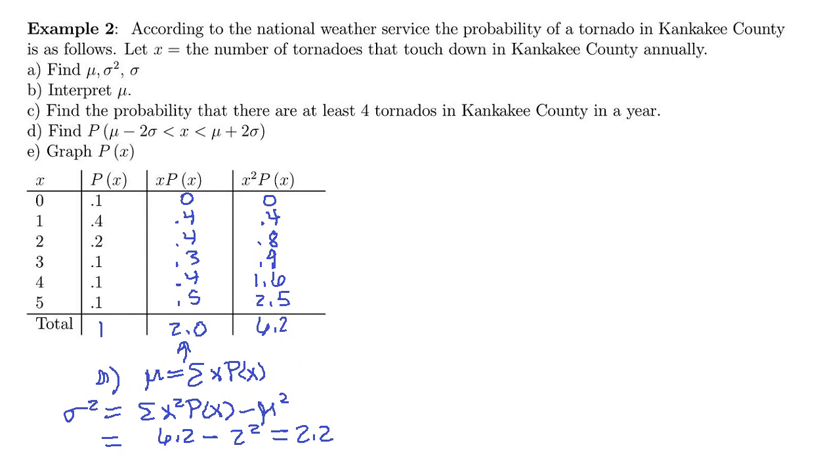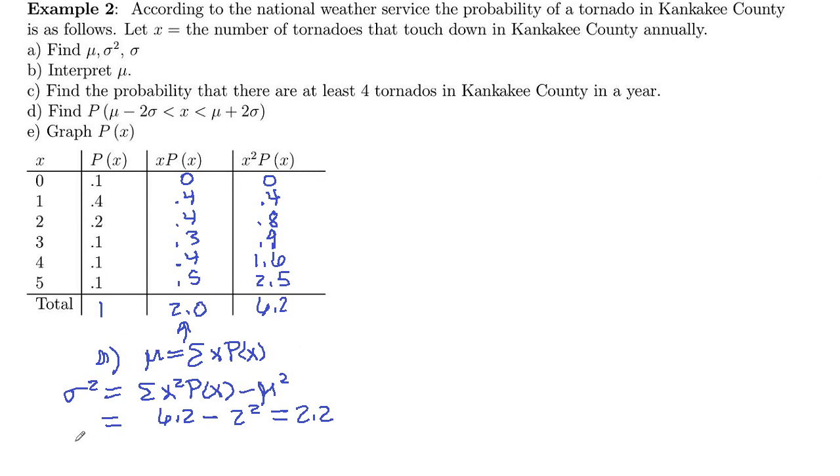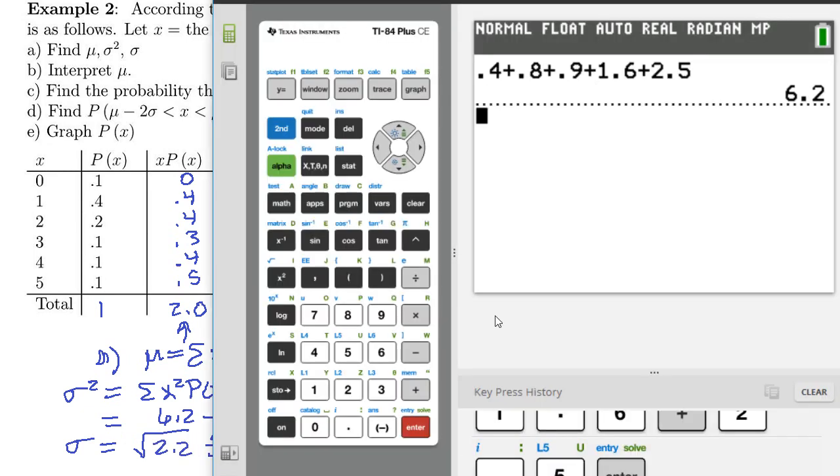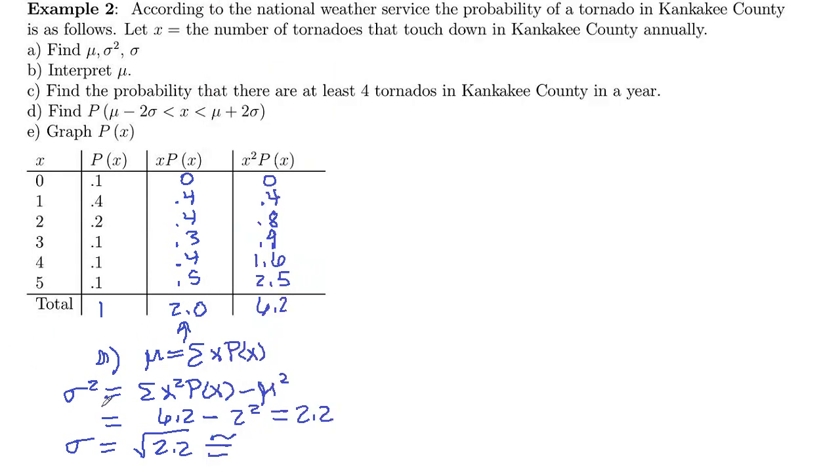And then sigma is going to be the square root of 2.2. Compute that. So square root of 2.2, 1.48 approximately. So there's part A.